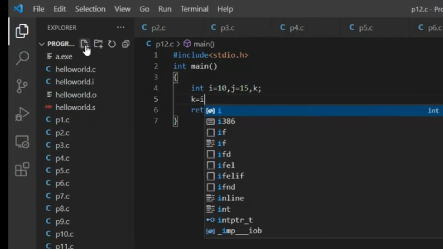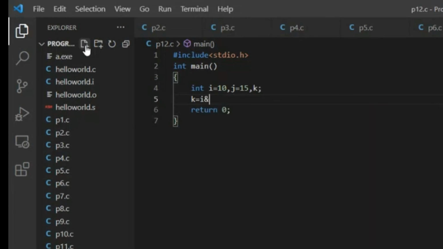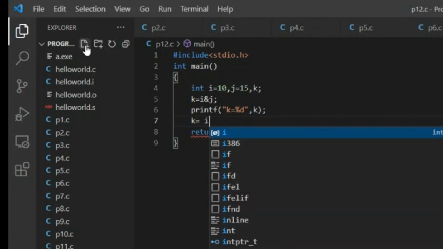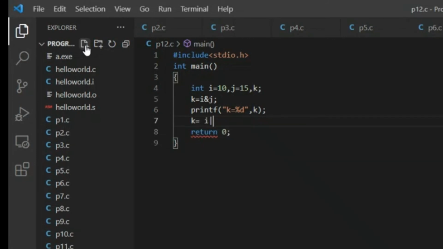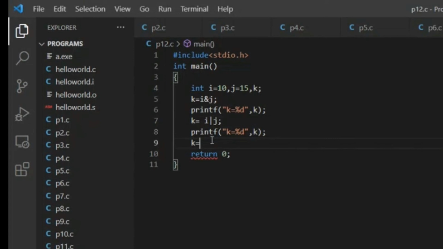So k is equal to I ANDing with j. So printf here k is equal to %d. Here I will do k is equal to I ORing with j, and then k is equal to I XOR j.